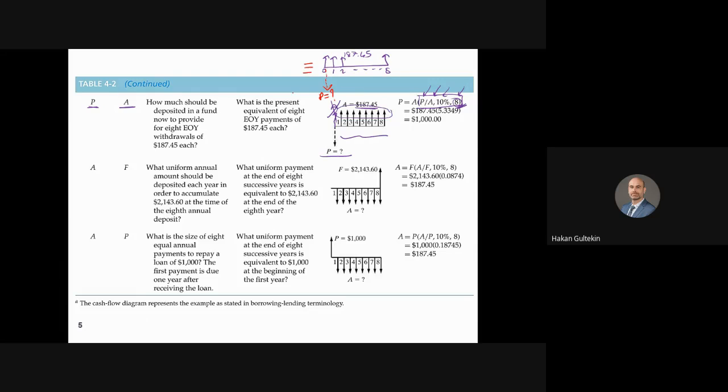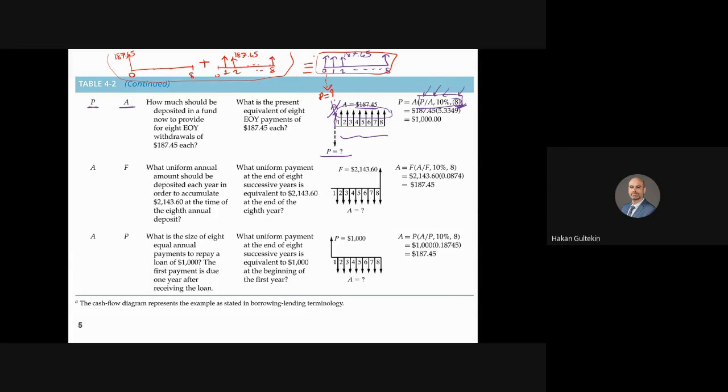Actually, we can divide this into two parts, saying that we have one payment at 0, which is 187.5, and nothing at 8. This is the first part. This cash flow plus this cash flow starting from 1 up to 8. When we add up these two cash flows, we find this one.